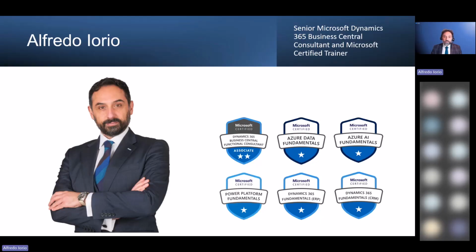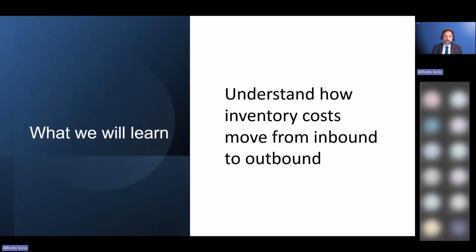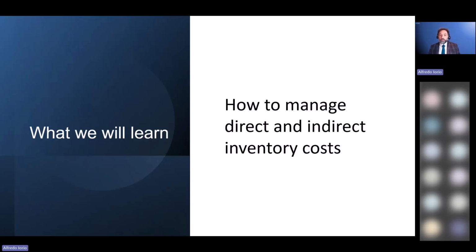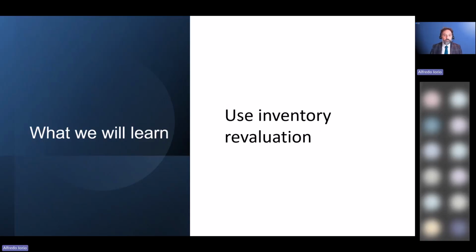So today is going to be about how inventory costs move from inbound to outbound, how to manage direct and indirect inventory costs in Business Central, the difference between these two, and how Business Central calculates and manages these costs, and how they post to the general ledger.